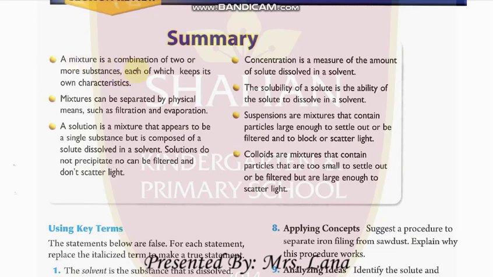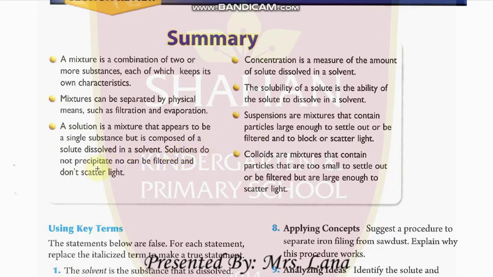A mixture is a combination of two or more substances, each of which keeps its own characteristics. Mixtures can be separated by physical means such as filtration and evaporation. A solution is a mixture that appears to be a single substance but is composed of a solute dissolved in a solvent.